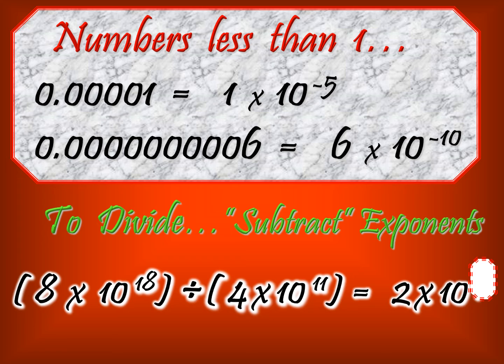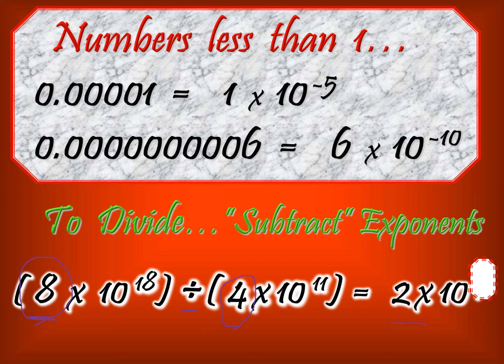Now, when you divide numbers in scientific notation, it's very similar to what we did when we multiplied. Notice we take the first portion, like the 8 there, and we divide it by the first portion, which is the 4. That gives me the 2. And then what do I do with my exponents when I'm dividing? Well, it's just like subtracting. When you're dividing them, it follows the rules of subtraction.